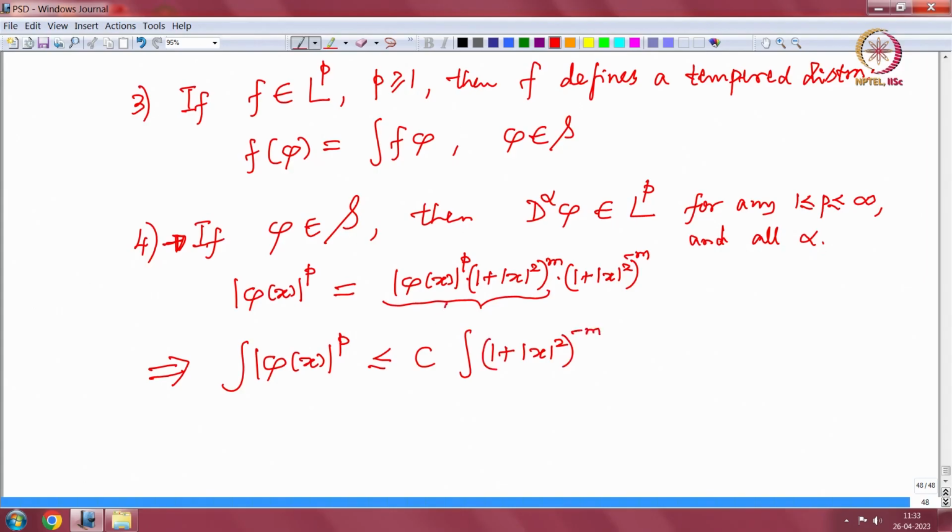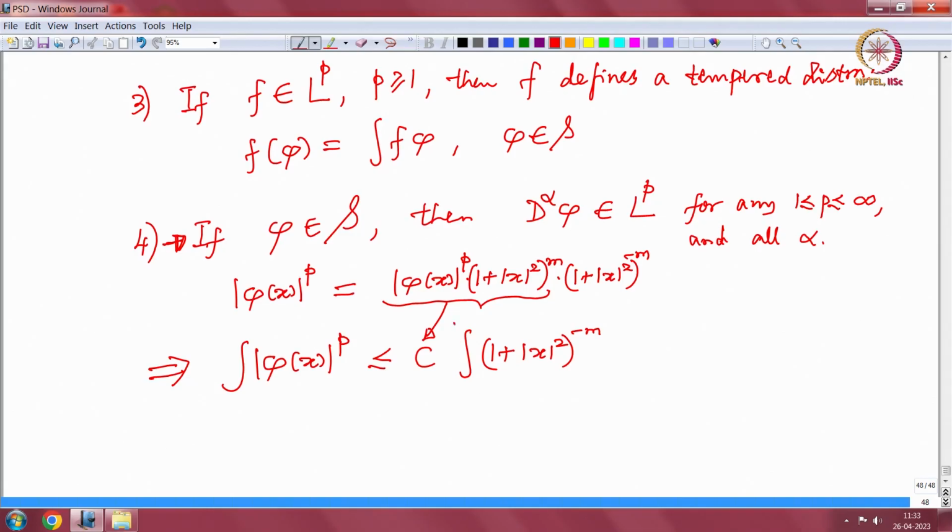So, this constant comes from this bound, in terms of those norms we have already defined. Okay. So, if I can choose any m such that this integral is finite, then I am done. That shows that phi is in LP, and similar arguments hold for any derivative.